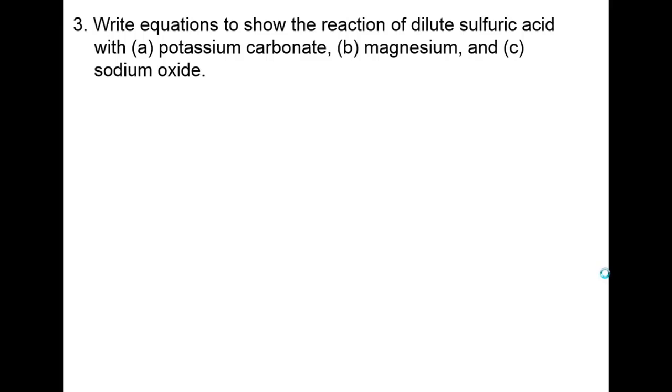Now let's write three equations to show the reaction between dilute sulfuric acid with potassium carbonate, magnesium and sodium oxide. So the first one is an acid carbonate reaction. We will have salt, water and carbon dioxide. Acid metal, we have salt and hydrogen gas, and acid sodium oxide, we have salt plus water.